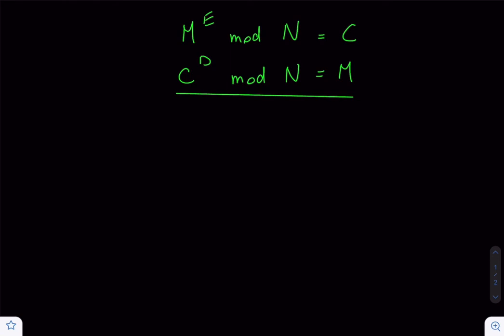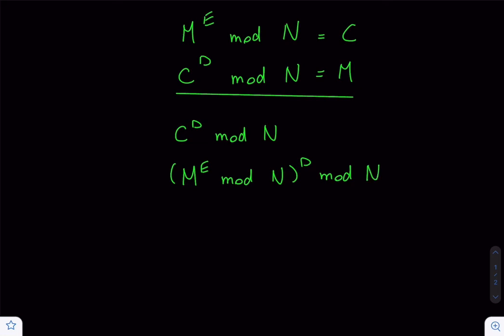So starting off with the expression c to the d mod n, the very first thing that we can do is substitute in m to the e mod n in place of c. So we have m to the e mod n all raised to the d power mod n.